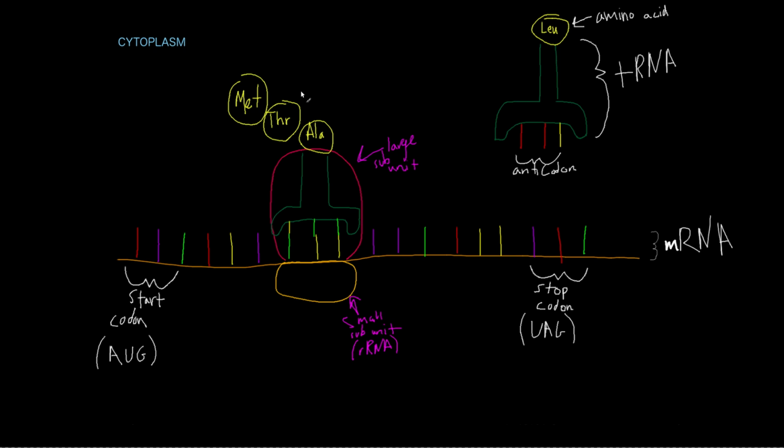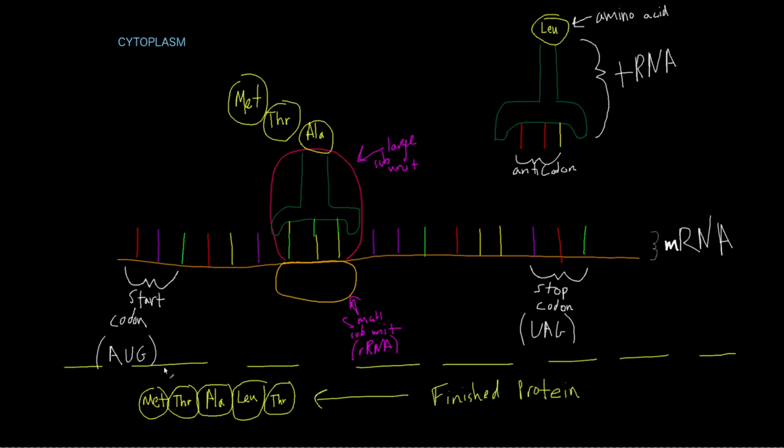And so that's basically how the protein is made, because remember, the protein is a string of amino acids essentially. Through this process, as you can see here, it's kind of in process, we'll end up getting a finished protein. This particular sequence of bases and codons will end up giving us this protein here, which has methionine, threonine, alanine, leucine, I believe, and threonine.